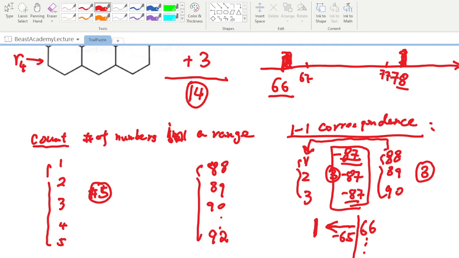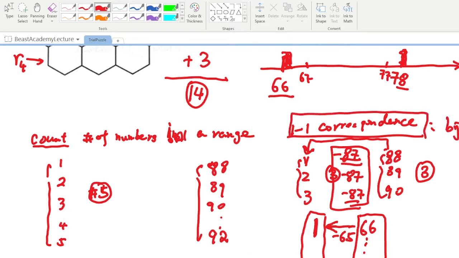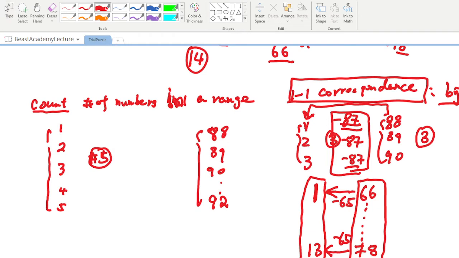If you feel it's hard, you cannot count in this domain, you can do one-to-one correspondence counting in this domain. In mathematics, we call this approach one-to-one correspondence, or the bijection. What is 78 minus 65? So how many numbers from 66 to 78?